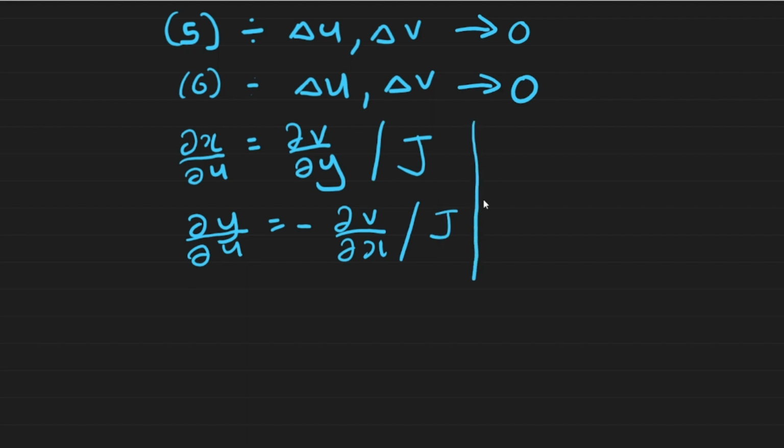Similarly, when we divide it by delta v, then we get the relations that ∂x/∂v is equal to minus ∂u/∂y. Okay, this is a u in the denominator.